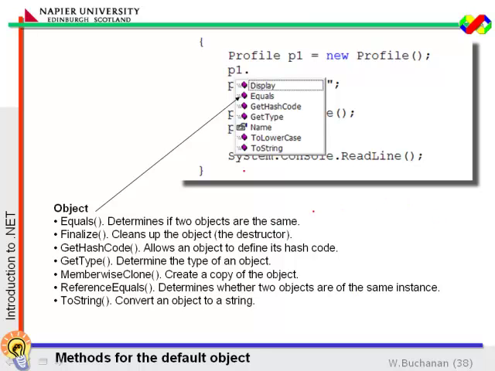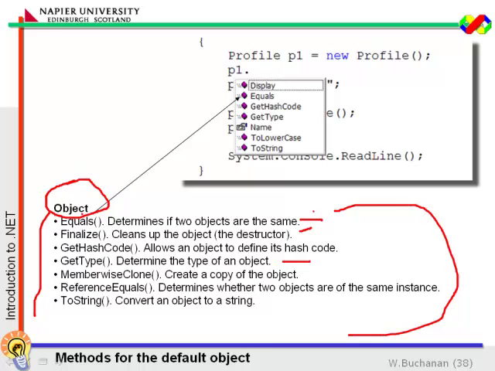We see this kind of thing where we create new objects, and we find that we have several methods which seem to be inherited from a global object. That's a basic definition of an object inside .NET, and we'll often see Finalize, Equals, GetType, and so on, which are the basic methods used inside the object definition.